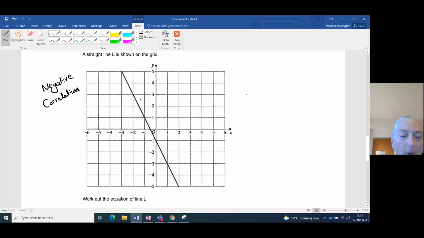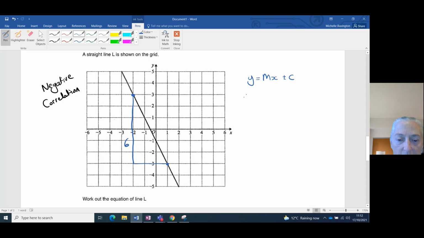Right, so I'm going to put my y equals mx plus c. Right. Corner. Here's a corner. Here's another corner. It's quite a big one. Right. So how many squares have we got? 1, 2, 3, 4, 5, 6.